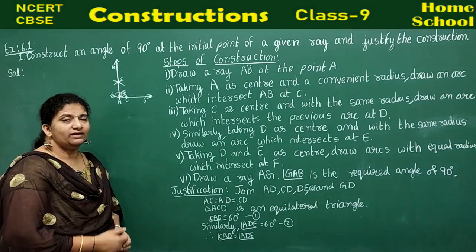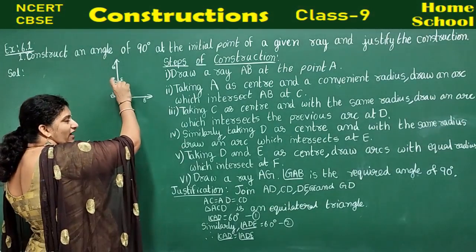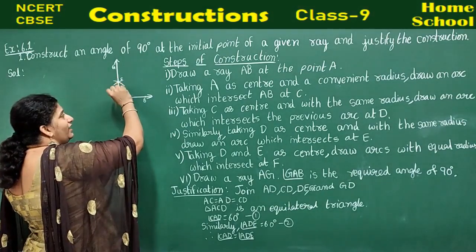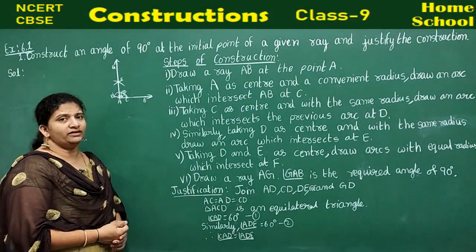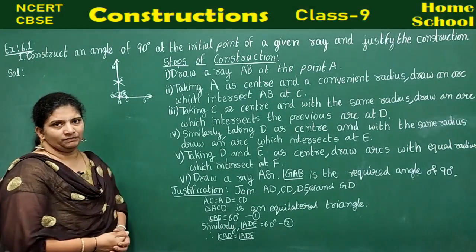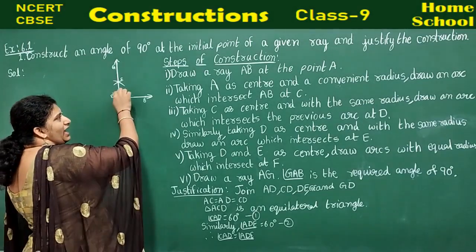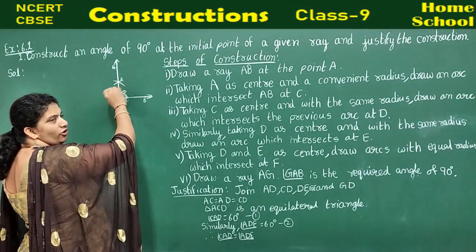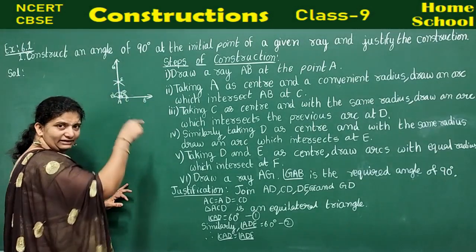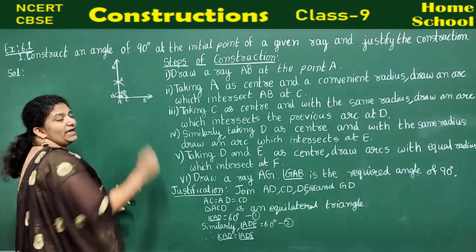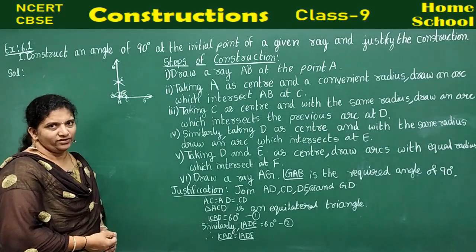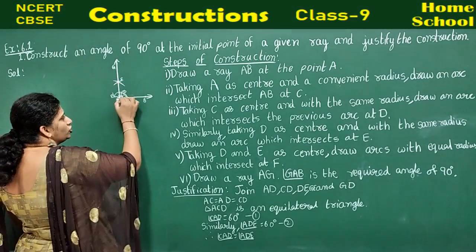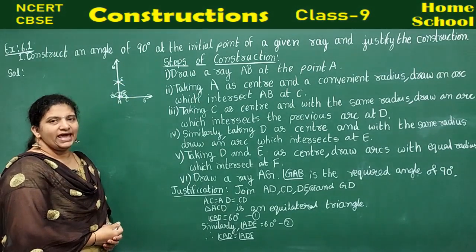Then again lift and put the sharp edge at D and cut the arc again. With the same measurement, it cuts at E. From E and D, draw arcs and cut each other. Then it creates a point where it intersects, point F. From F, join AF.